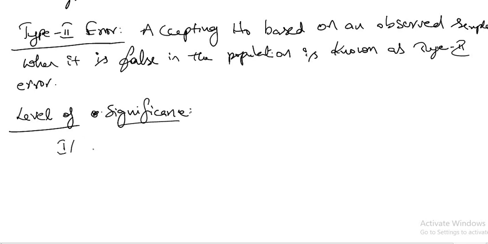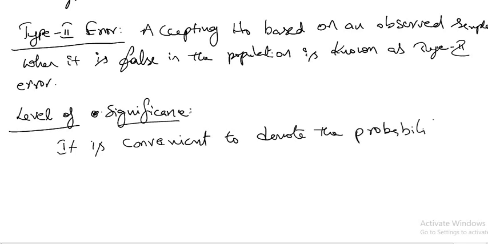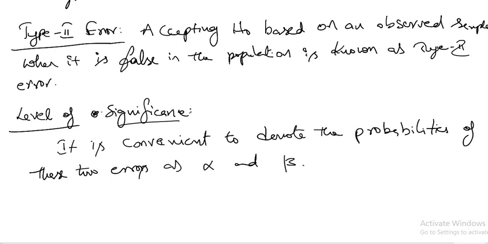It is convenient to denote the probabilities of these two errors as alpha and beta, or you can say level of significance and power of the test.